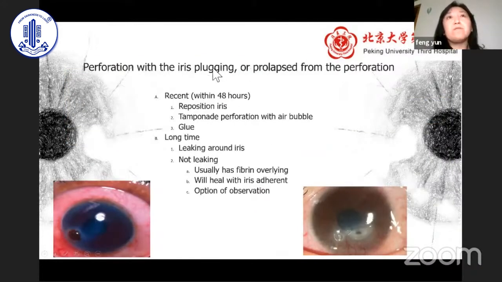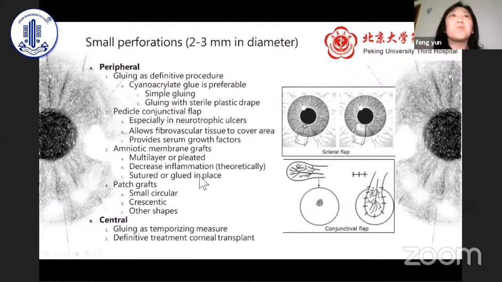Sometimes for iris plugging, we can use glue, and for a long time we need to run all this. I'll make it quick because of the time. For small perforations, we can use a scleral flap or conjunctival flaps also, because they bring in vessels and prevent infections.